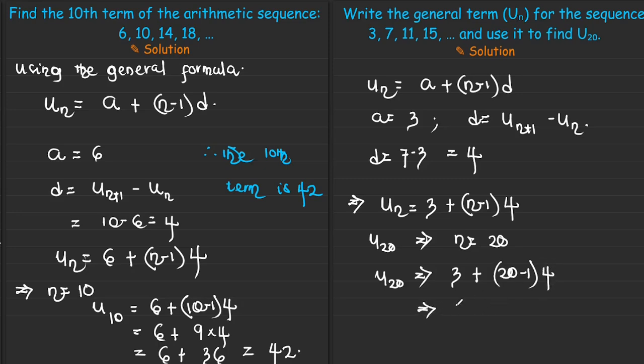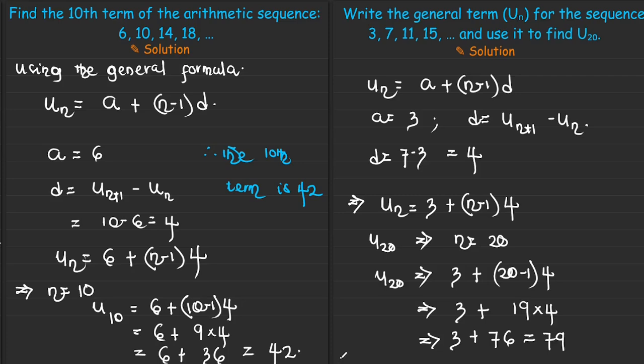This, when simplified, gives us 3, then plus, we are going to get 19 times 4. So our 19 times 4 gives us 76. Then we have 76 plus 3, which is equal to what? 79.